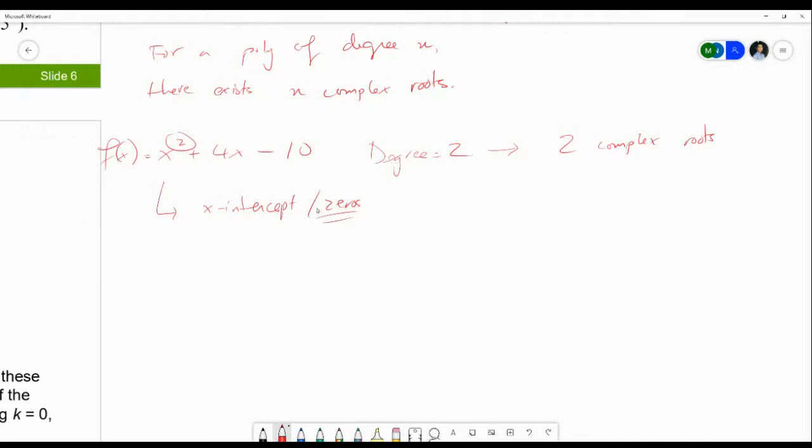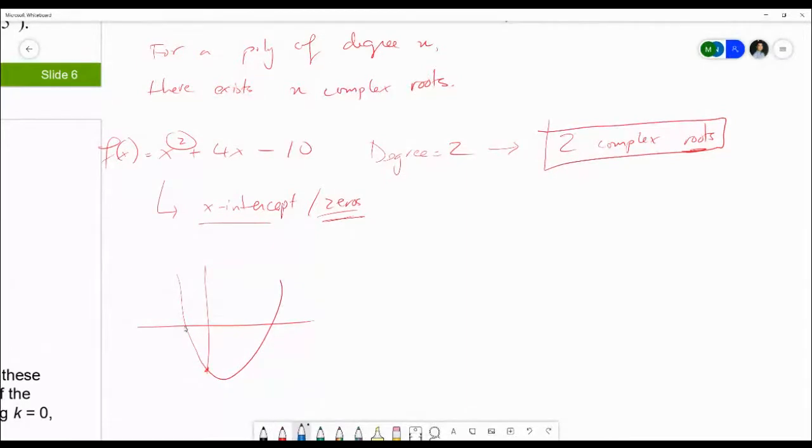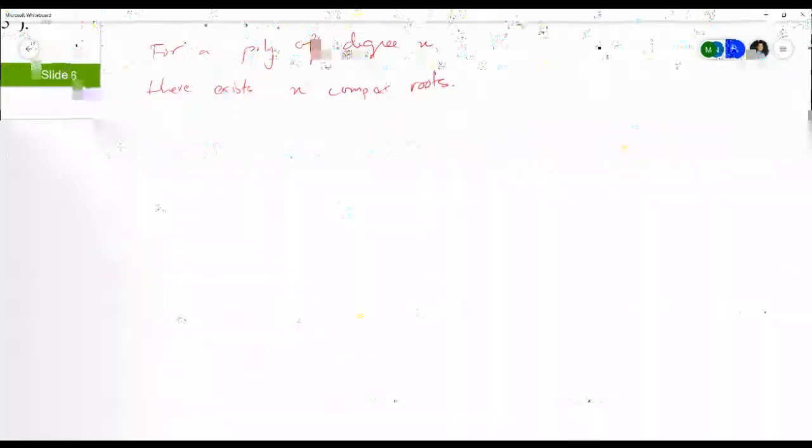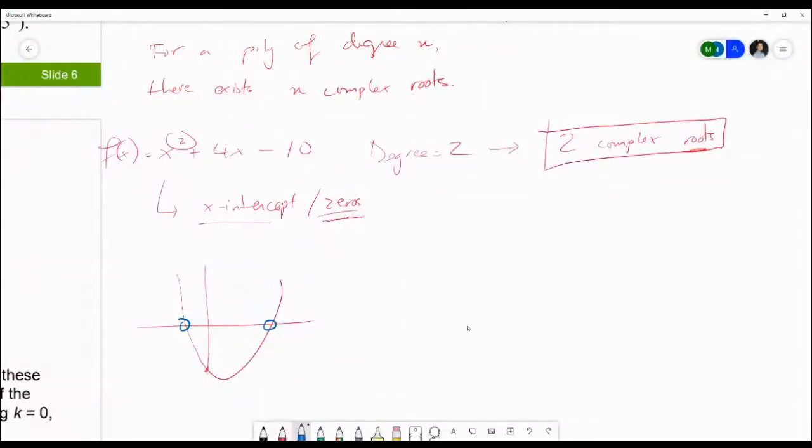But in pre-calculus and calculus, we don't really call it x-intercept or zeros anymore. We call them roots. The reason why we call these roots is the following. Suppose that we have a quadratic here that opens up. So here we are guaranteed to have 2 x-intercepts or zeros. Now what happens when I actually have something like this?